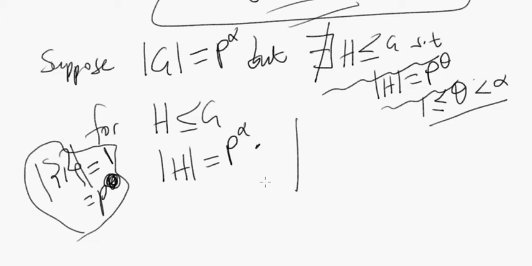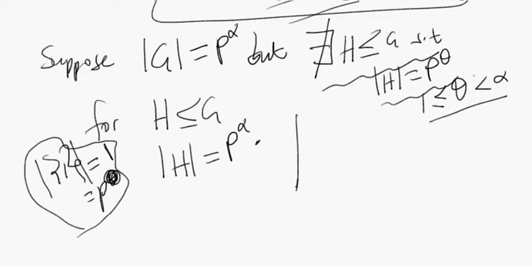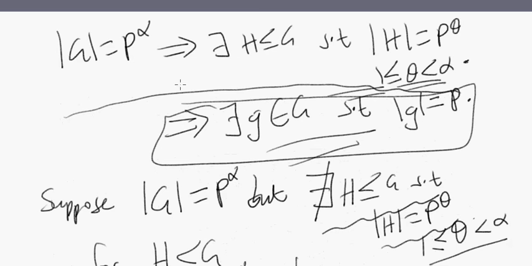Does it mean that all subgroups that are not the identity have order p to the alpha? Let's say you buy into this idea, assuming that our theorem, that the order of G is p to the alpha, does not imply this.